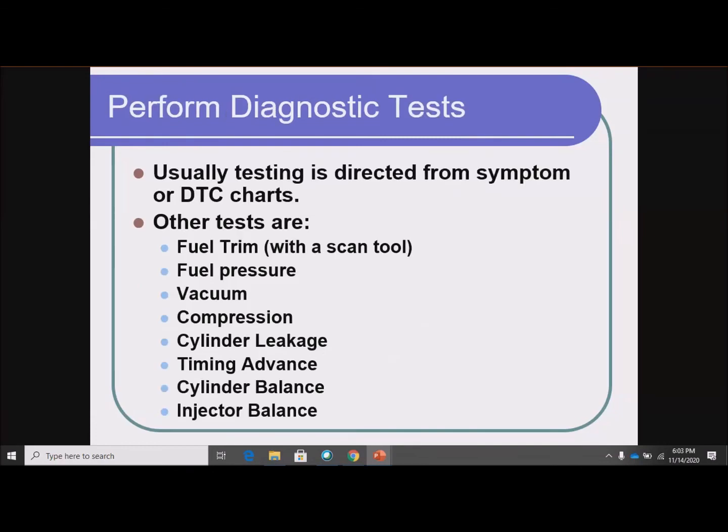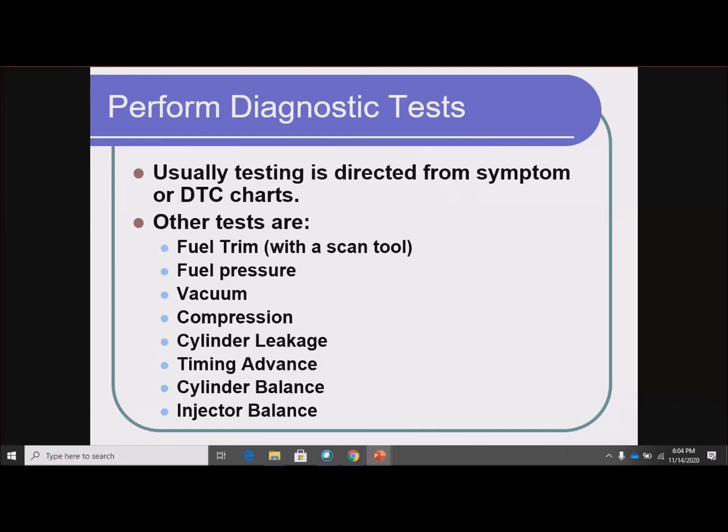Okay, and then diagnostic tests, or another term might be pinpoint tests, right? Sometimes, or I would say usually, the way this goes is you have a customer concern, and maybe you have a check engine light. You check for a code, and when you look up that code, there's a diagnostic routine associated with that diagnostic trouble code.